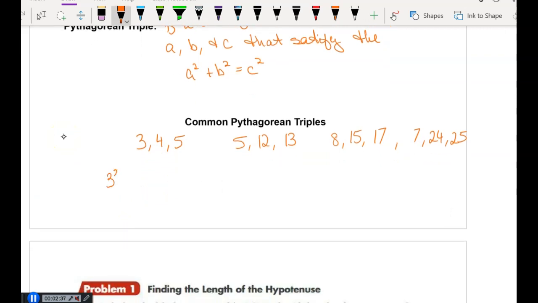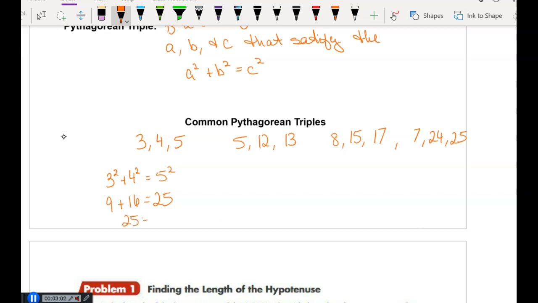So let's do 3 squared plus 4 squared, and let's see if it's equal to 5 squared. So what's 3 squared? Well, that's 9. What's 4 squared? 16. And what's 5 squared? 25. Now what is 9 plus 16?